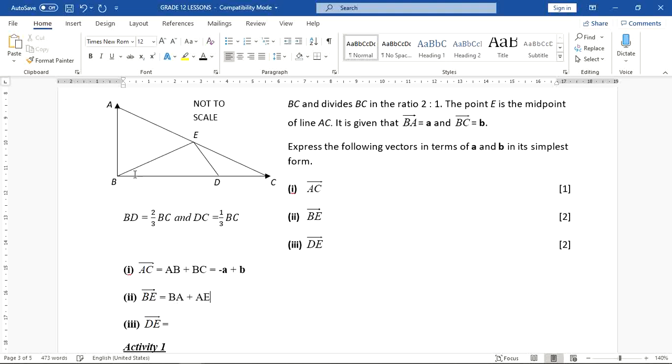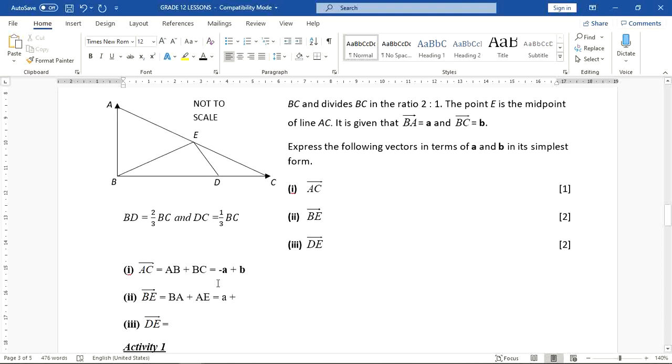We already know what BA is, so we just need to figure out what AE is. AE will be half of AC. Do we have AC? Yes, we got it from Roman 1. So we substitute: BA will be positive a, and then we add half of AC, since AE is half of AC.